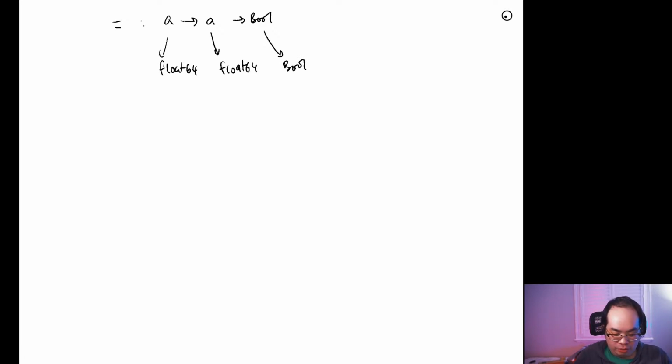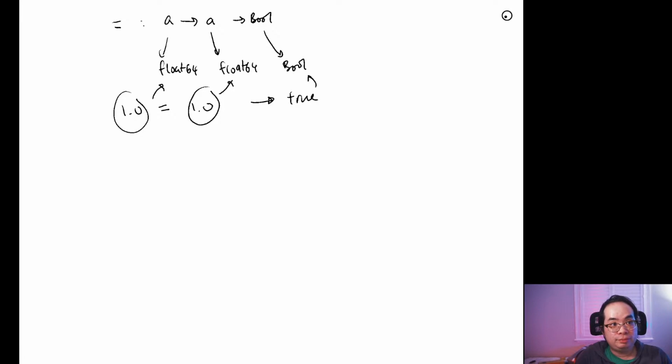Okay, so we can say 1.0 equals 1.0 because this is a float, and the result would be true, which is a bool. Yes? Okay, the trick is to turn this into the same type as this.